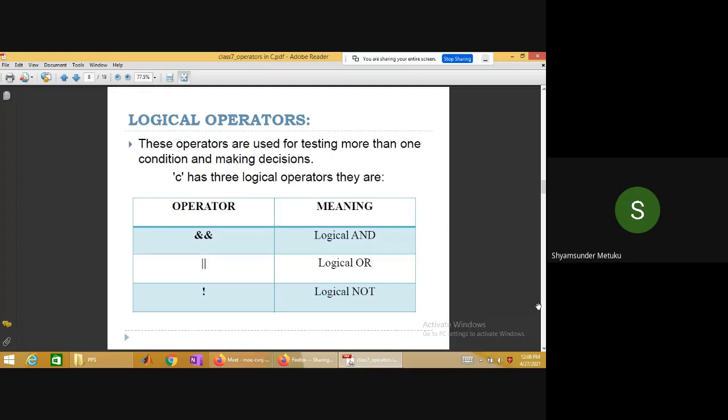So more than one condition means there are 2 things. You might be able to see, just now I mentioned in the placement, the company which is going to conduct an interview. They set 2 conditions. One is 70% overall, and the other is for a particular subject, because the company is working in a particular subject related field.